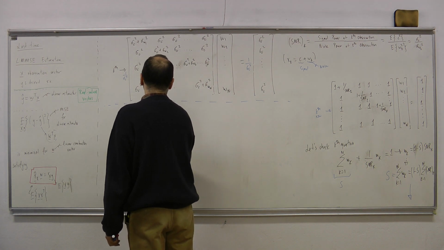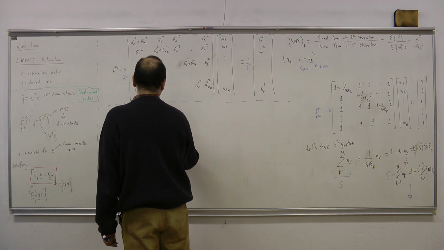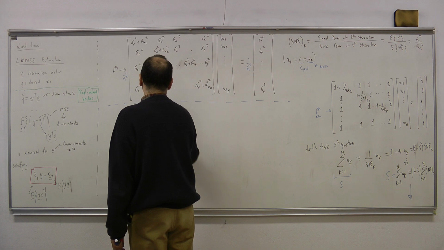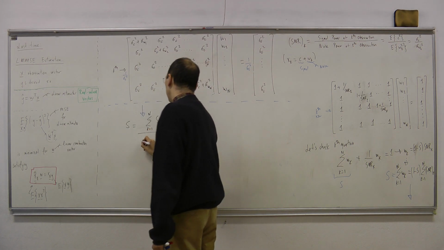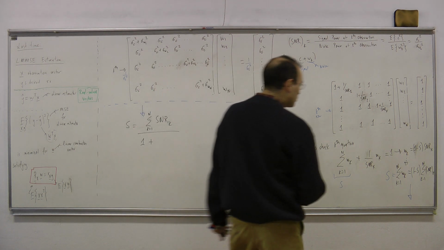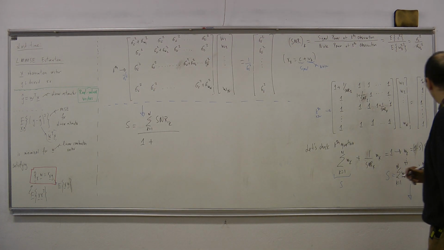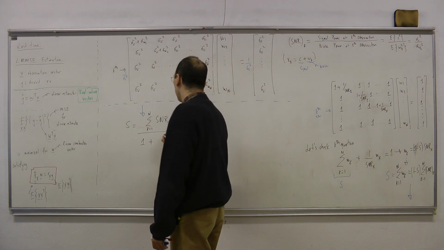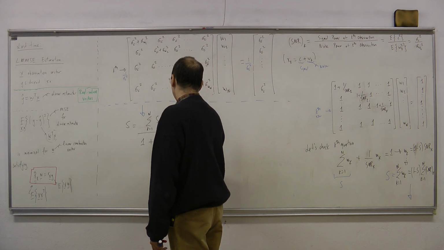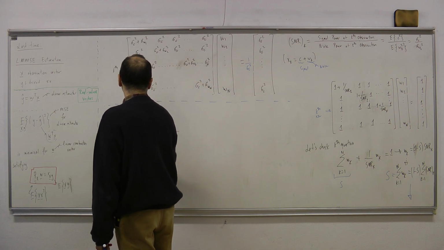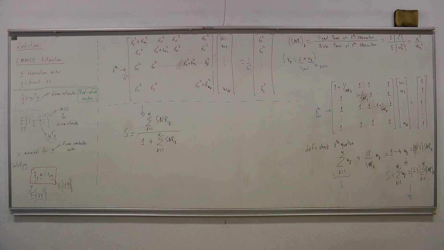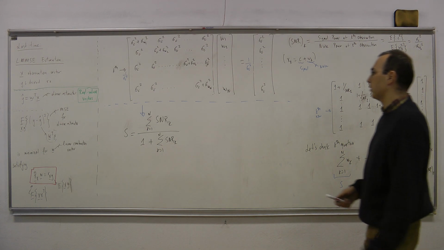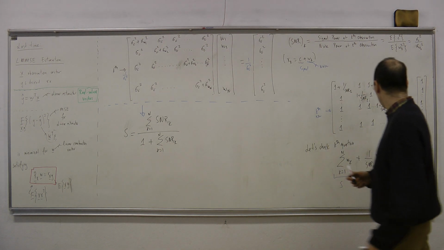So S is equal to summation of K from 1 to N SNR K divided by, is this correct? 1 plus this summation of SNR K. Okay. Let me check in case I make a mistake. Okay, it looks correct. So I get this S value.